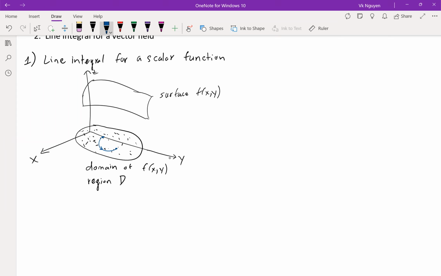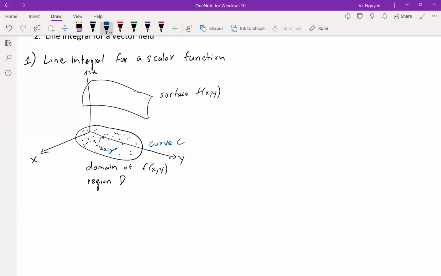Of course, for every curve, you can parameterize the curve C. So when we integrate, what do we have? Well, we're going to have an area of something.